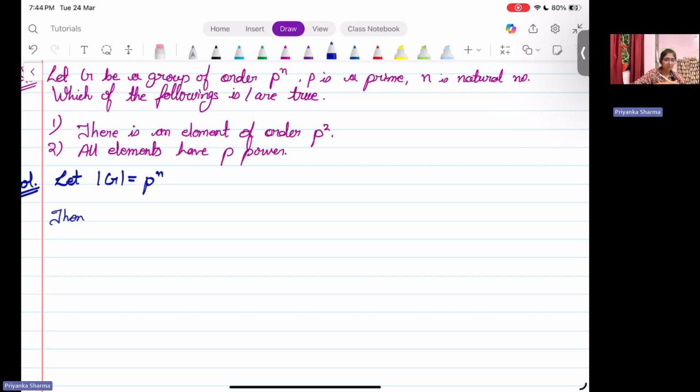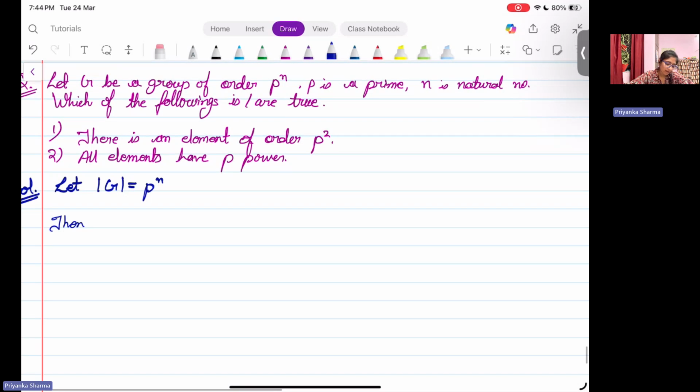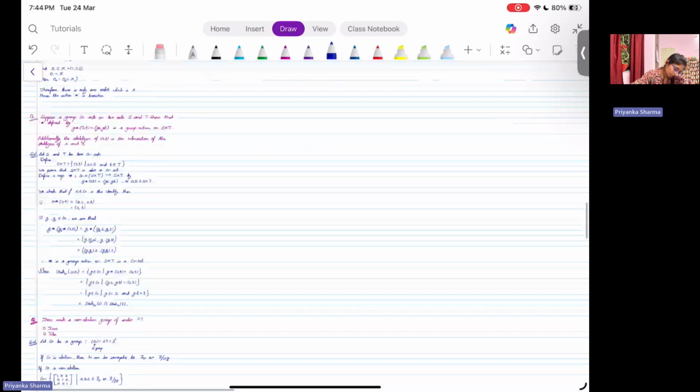Then we can use Cauchy's theorem, which says that whenever we have a prime power, and if, okay, let's recall this.